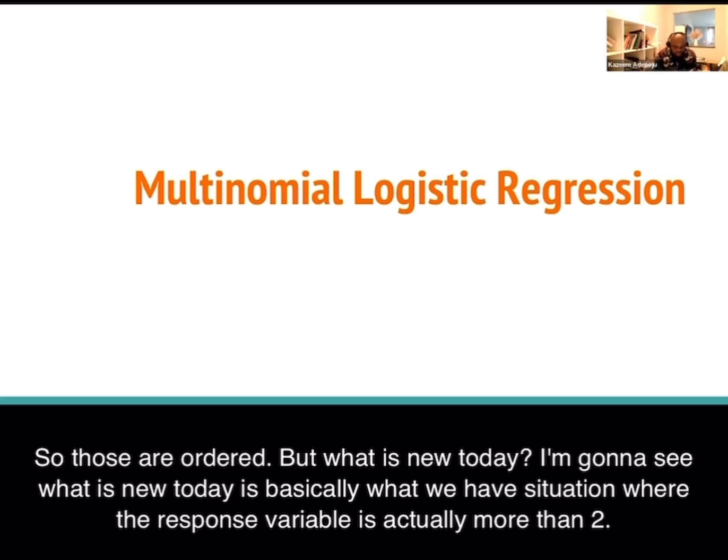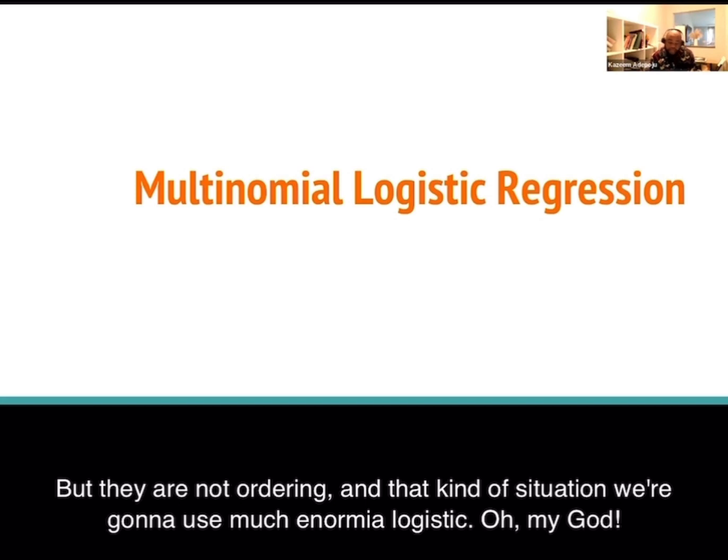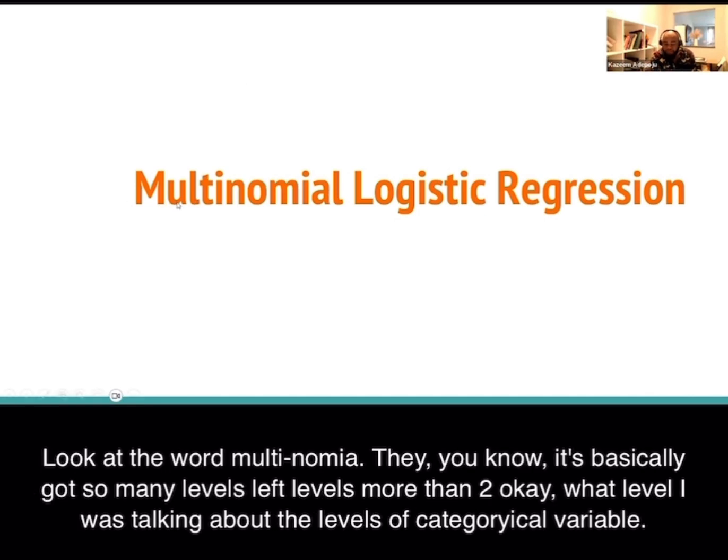What is new today is basically when we have a situation where the response variable has more than two levels, but they are not ordered. In that kind of situation, we're going to use multinomial logistic regression. Look at the word multinomial. It means you have many levels, more than two.